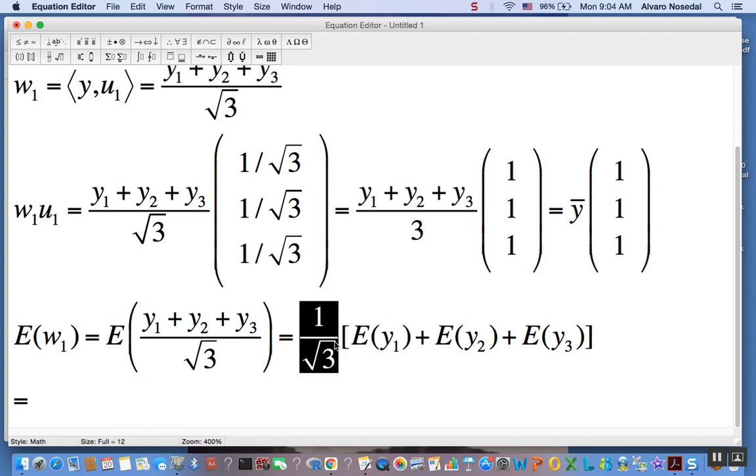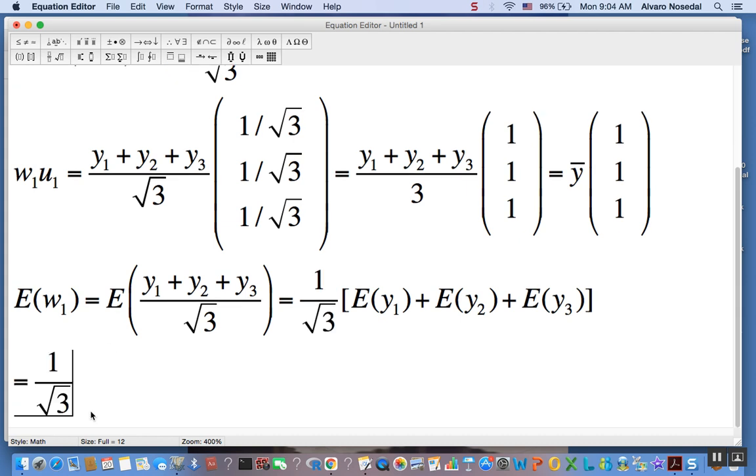So we have 1 over the square root of 3 times beta 0 plus beta 0 plus beta 0 again.